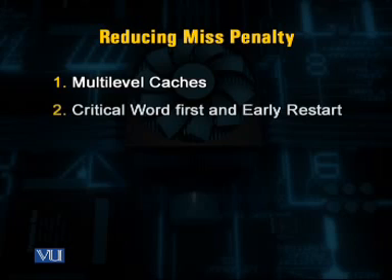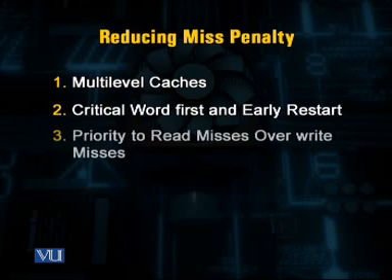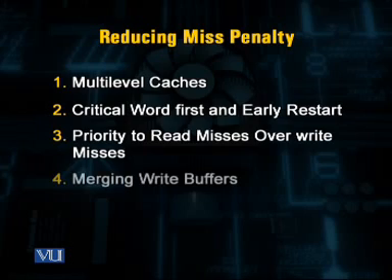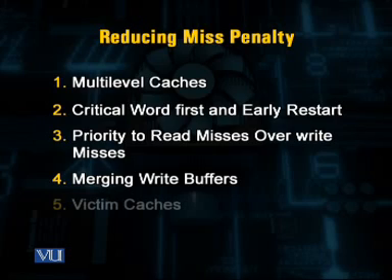The second technique is critical word first and early restart. The third technique is to give priority to reads over write misses. The fourth one is to merge the write buffers. And the last one is to introduce a victim cache.